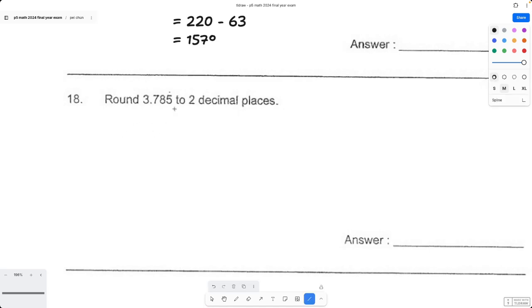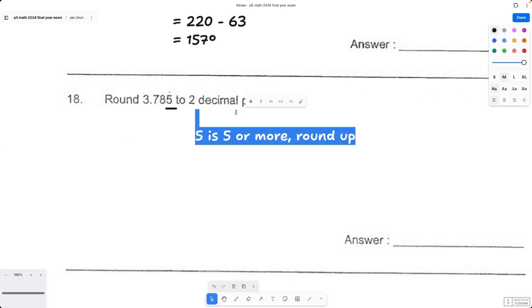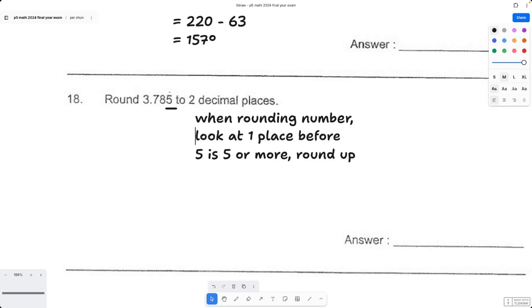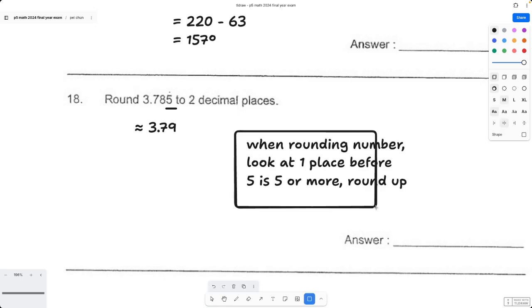In this case, we need to look at the number 5. 5 is 5 or more, so we round up. Just a note: when rounding numbers, look at one place after. So we round up, which means 3.79.